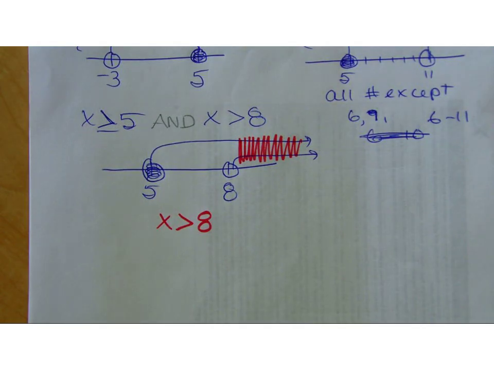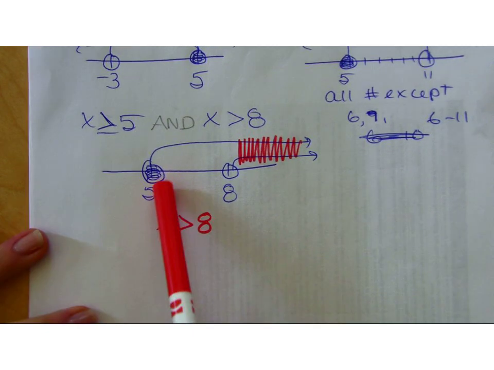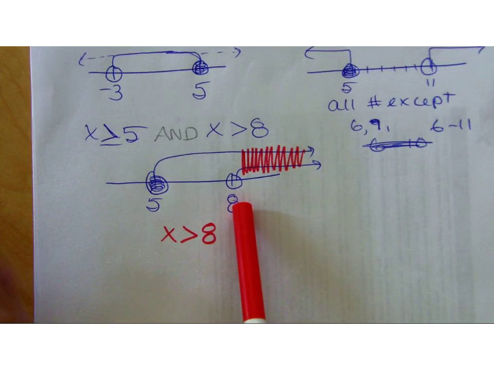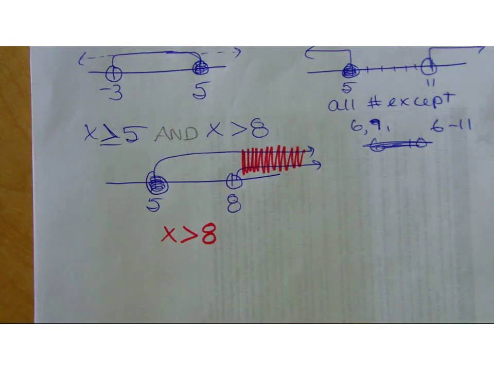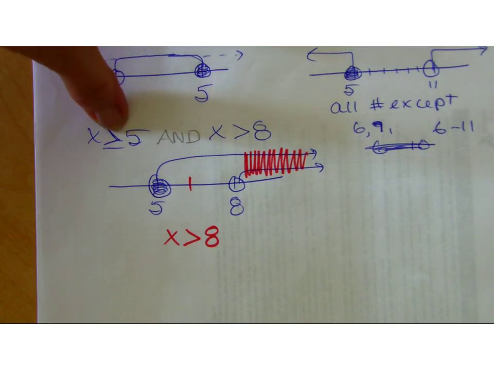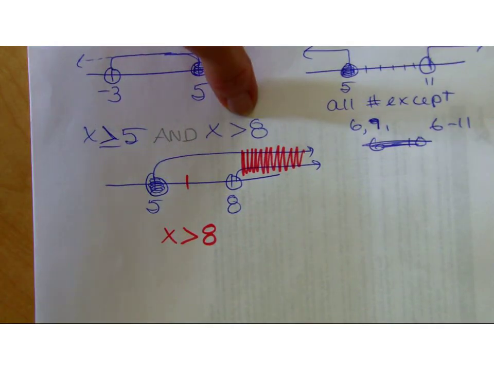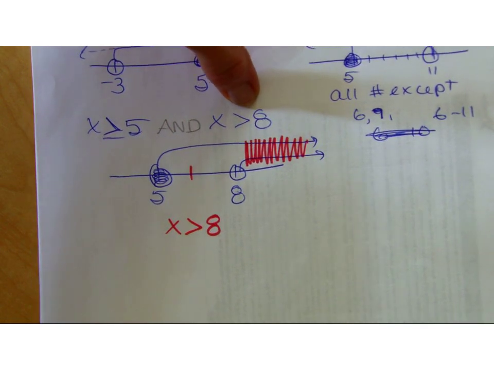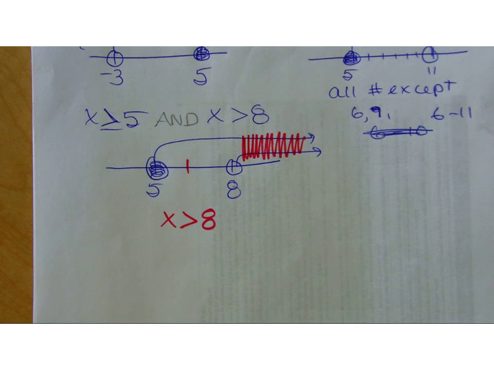I'm going to say that again for those of you who just walked in. Listen up. We see a weird looking graph. They normally go either this way or this way, but when they both go the same direction, and if I say "and," you can't say 6, because yes, it's greater than or equal to 5, but it's not also greater than 8. Does this make sense? This is a really weird concept in algebra because it's not methodical, like solve this step.